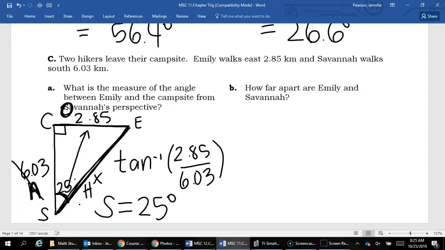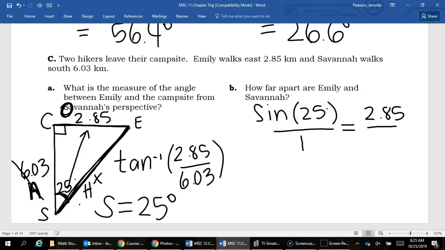O and H is sine. I'm going to do a sine of 25 degrees. So this is what we did in 11.2. And sine fraction is opposite over hypotenuse. So I have my 2.85 on top and my variable hypotenuse on the bottom. Once it's set up, we cross multiply and divide.